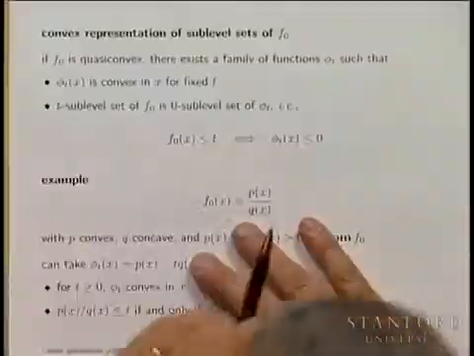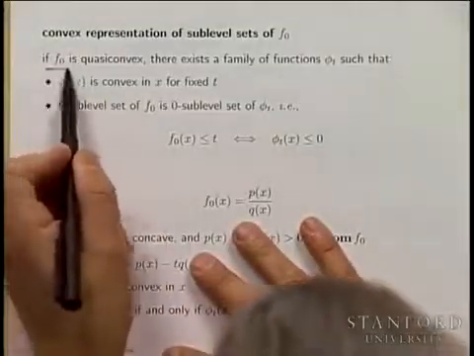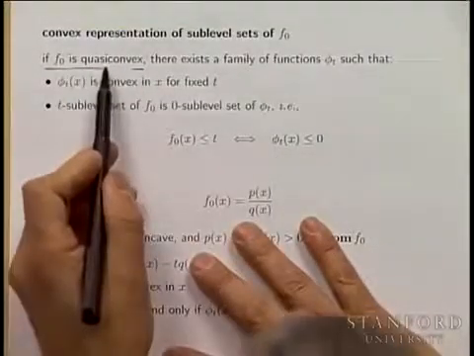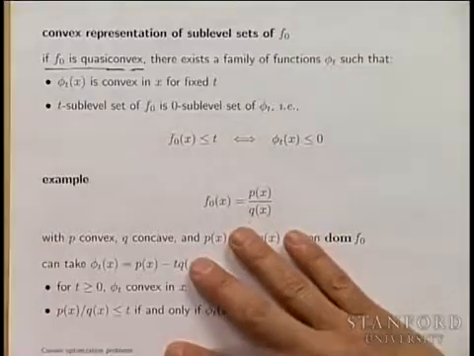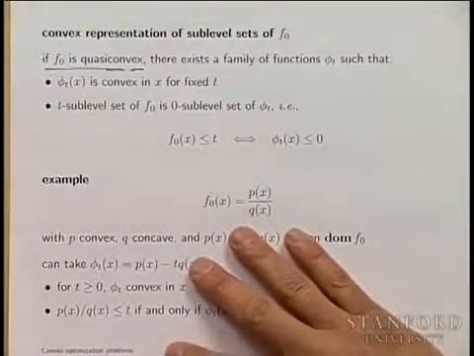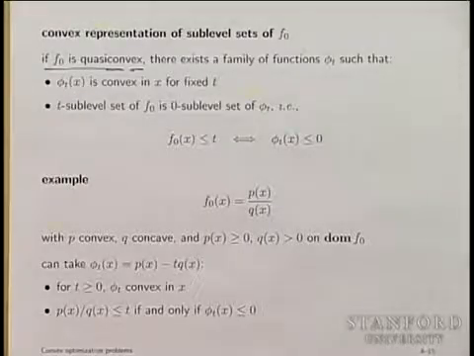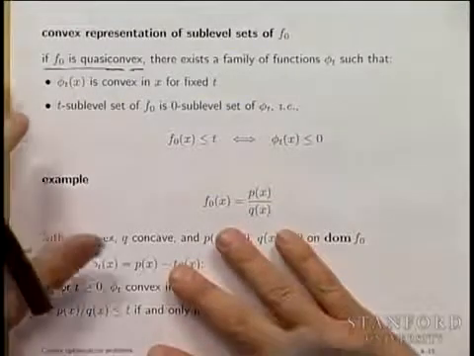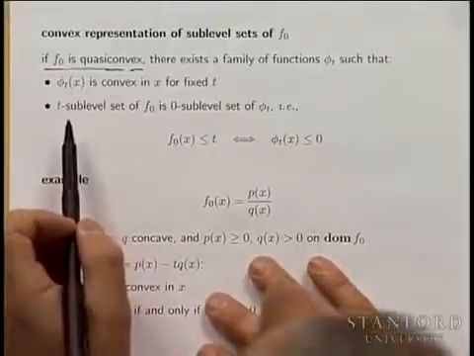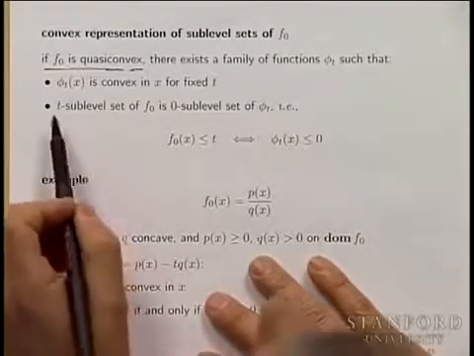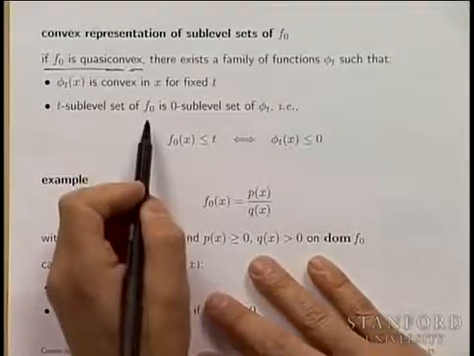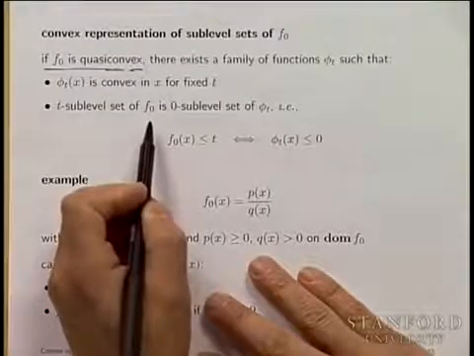But here's how you solve them with total effectiveness. Generally speaking, if you have a quasi-convex function, unless you're just doing a theoretical analysis, if you're actually going to construct an algorithm that solves a problem, solve an actual problem, then what's going to happen is this. You're going to actually want a convex representation of the t sublevel set.